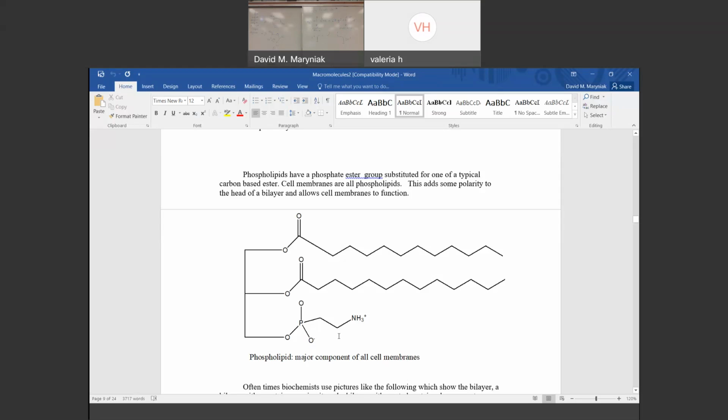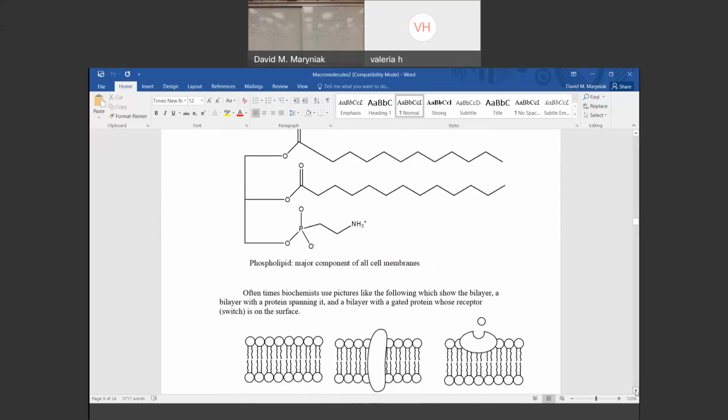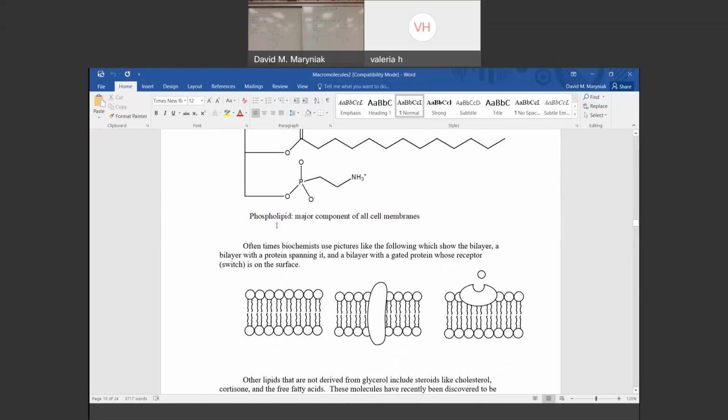So they're going to be tailor-made for the cells that they're made for. So you'll hear the word phospholipid when you get to biochemistry. It's just a normal lipid, but instead of an ester, you get this phosphorylated ester. So that's just going to alter the properties of the membrane so that the cell can exist.